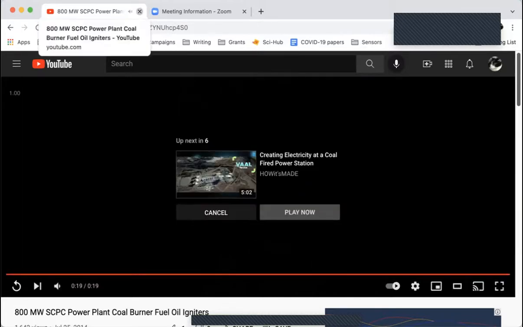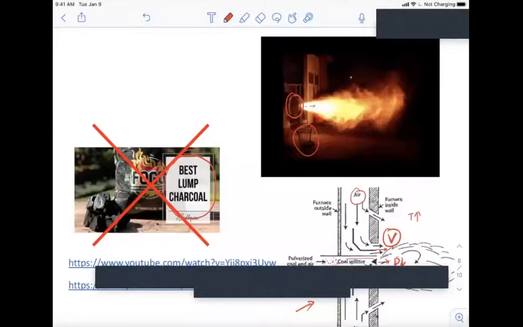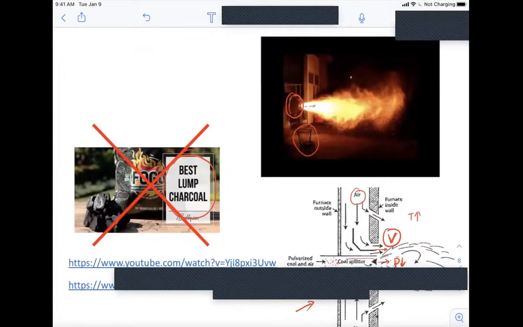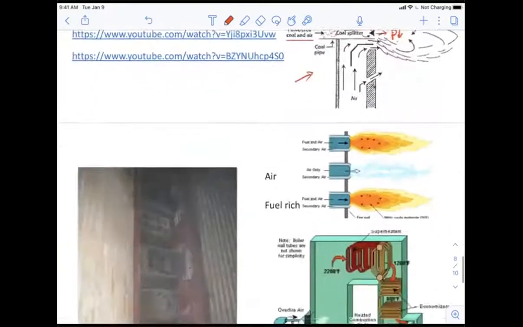So if it looks brighter, it means that the temperature is higher in this scenario. Okay. So let's get back. All right.